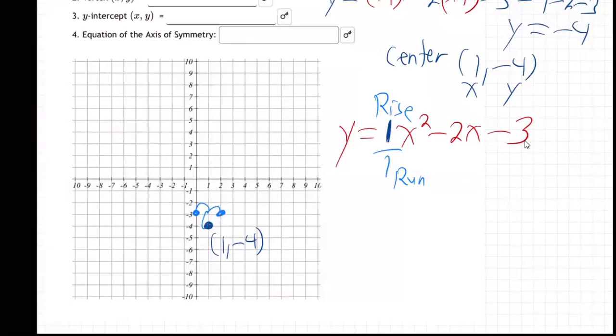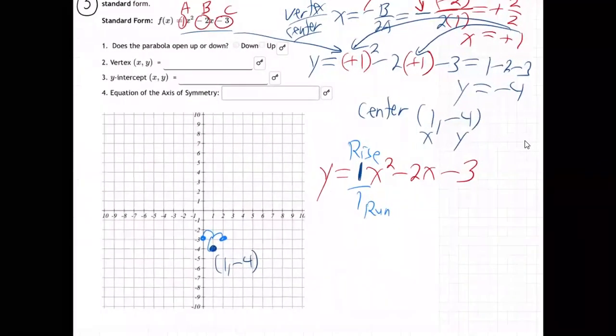So there's our dots right there. And so I'll just go boom like that, and boom like that. There's the parabola. So you can graph it that way. Now let me put in the vertex. This one opens up. The vertex is over 1, down 4.